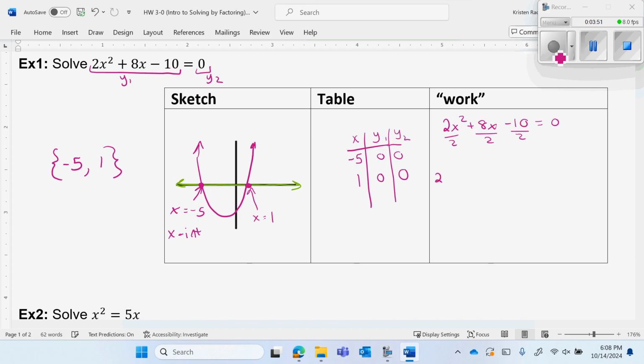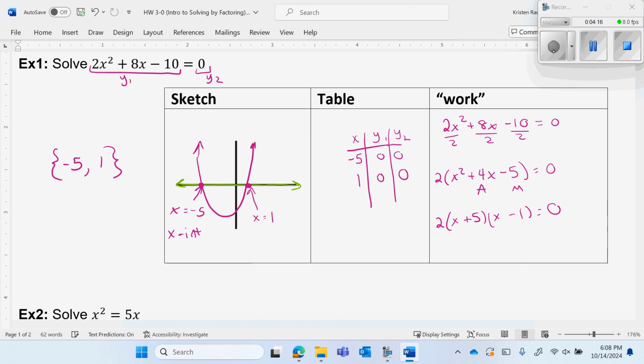So you're going to write the 2 on the outside. Then we have x squared plus 4x minus 5 equals 0. We can still factor with the AM method. Your two numbers that multiply to -5 and add to 4 are, I believe, +5 and -1.